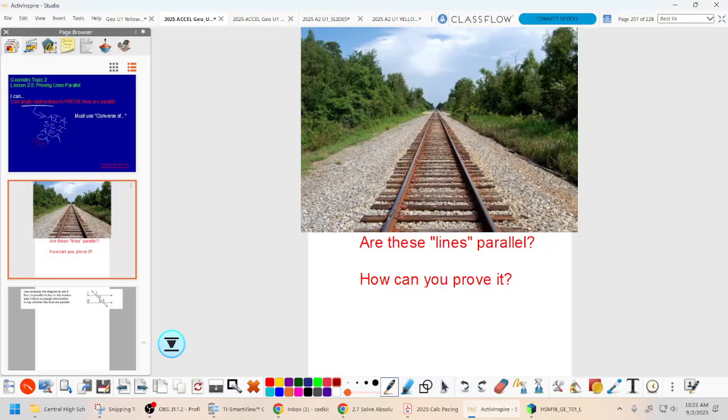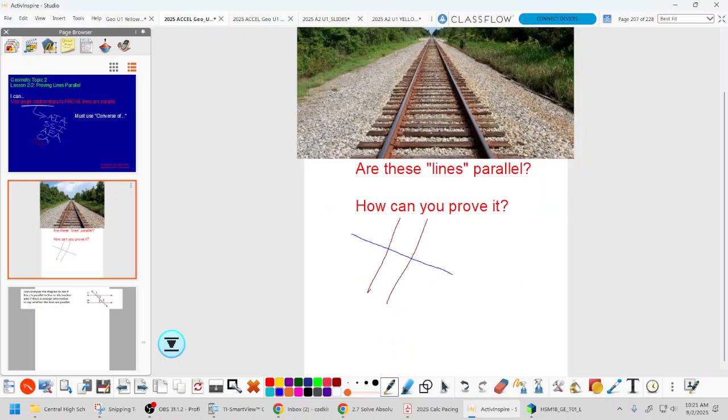But you see all these railroad ties, and if you think of those as a transversal, so let's say these are the railroad tracks, and we have a single tie being the transversal. For those lines to be parallel, all of our angle relationships that we've learned have to hold true. So let's say we're talking about these two.